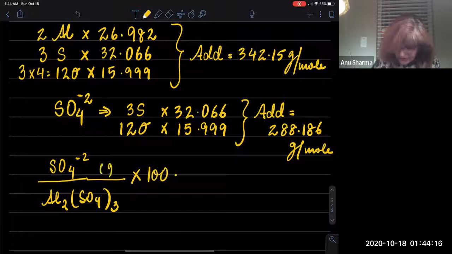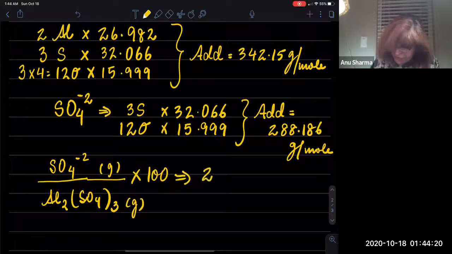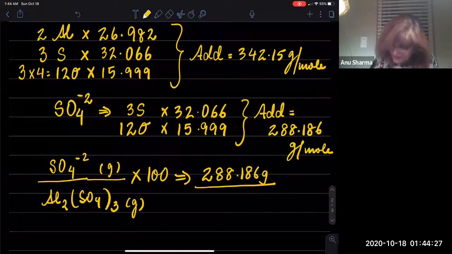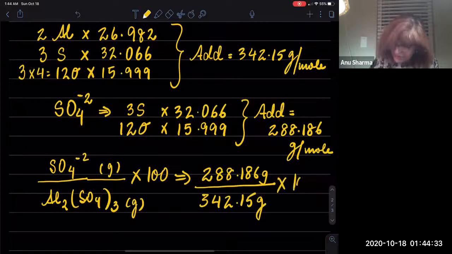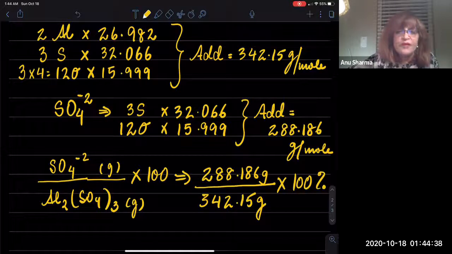This is grams, this is grams. So we put 288.186 grams for sulfate, and the weight of aluminum sulfate is 342.15 grams, times 100%.